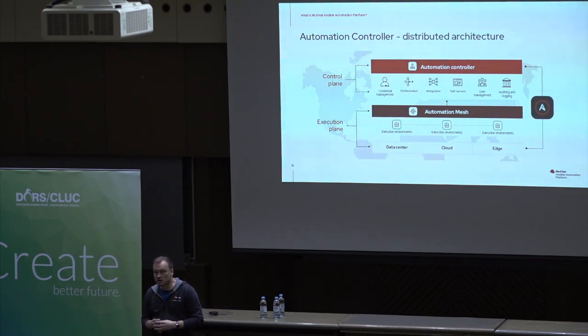So thanks to this, we will have lower latency, we will have a lower possibility of outage because there will be fewer intermediate nodes between our execution node and our automated system. This kind of architecture gives us much better scalability in comparison to what was before, when both control plane and execution plane were on one node.